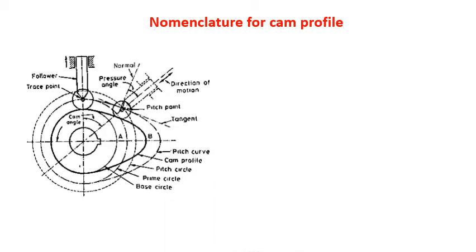So the next important concept under this cam is the nomenclature of cam profile. While drawing the cam profile, one should understand the different nomenclature of the cams. The first important nomenclature is cam profile.